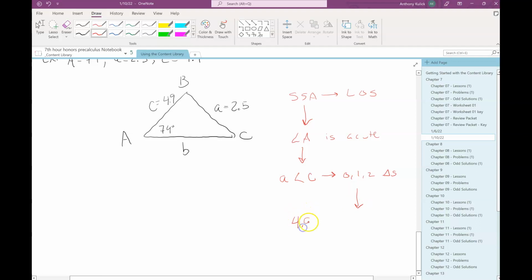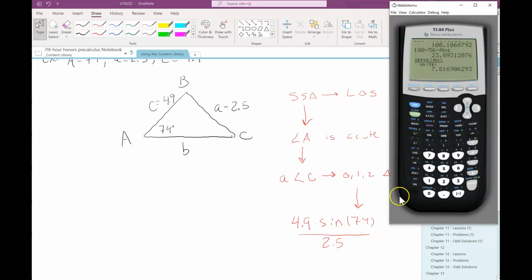So I do the bigger side times sine of the given angle divided by the smaller side, and I get 1.88.